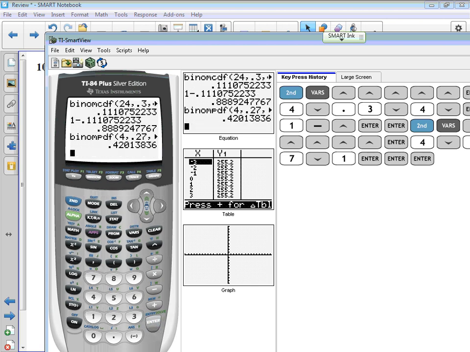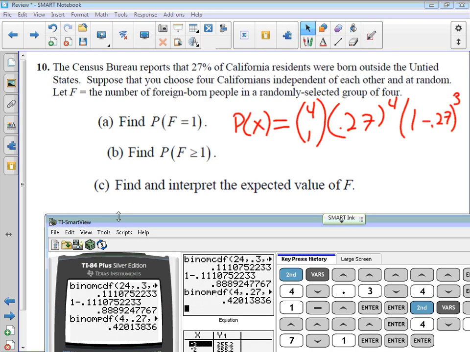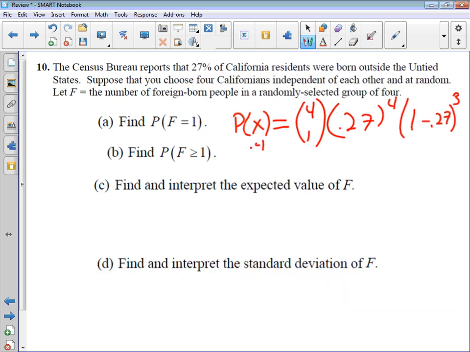And I get 0.420. So the probability that you would get greater than 1, I could either do a binomial CDF of 1 or less, or I could find the probability of F equals 0, add those together and subtract from 1. Either way, we're going to have to subtract from 1 to do that.